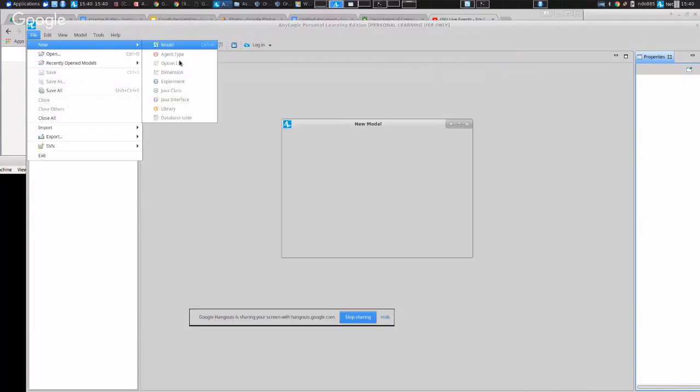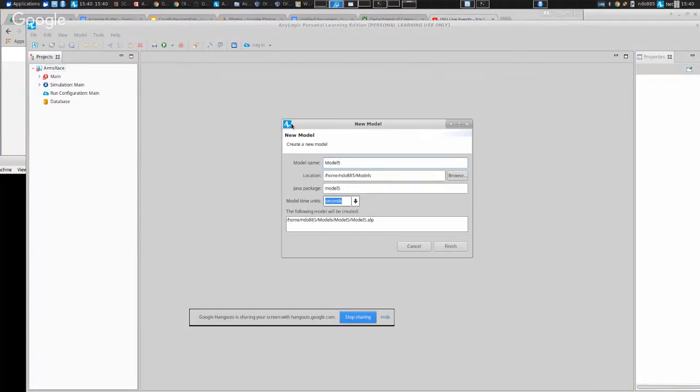I'm going to create a new model, and this will be called first order delay redux. Okay, we're revisiting this, and I'm going to make its time units years. And I'm going to say finish.